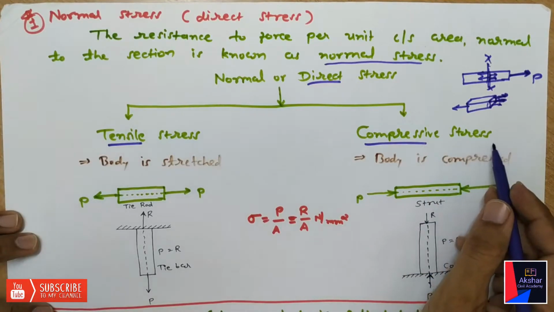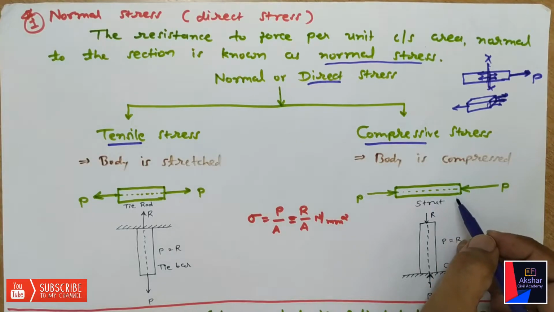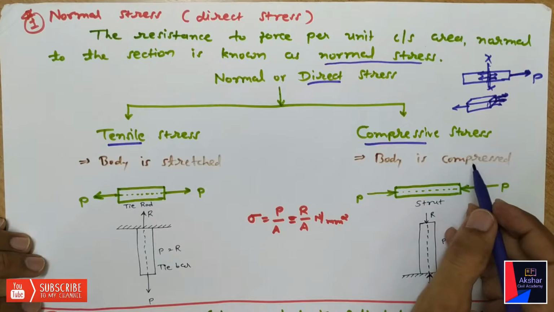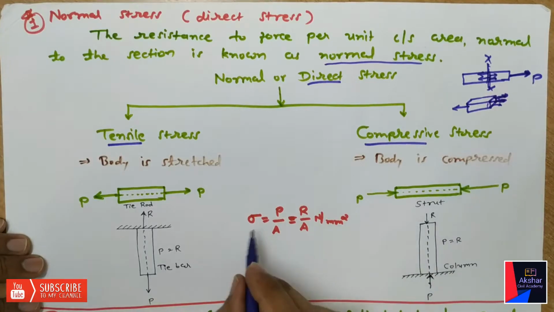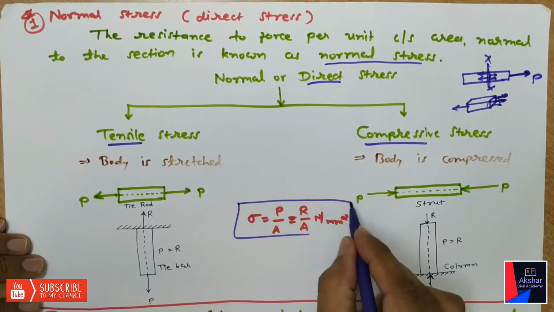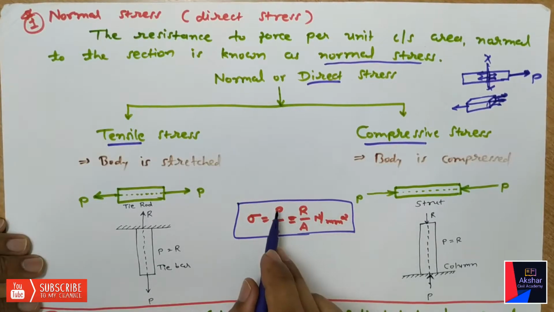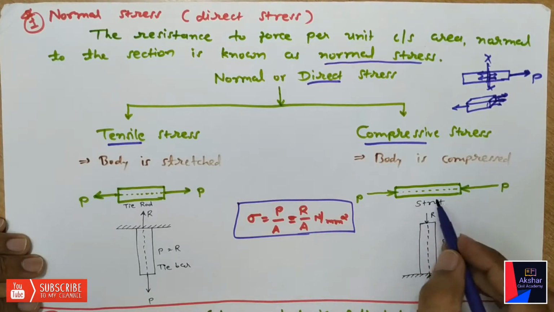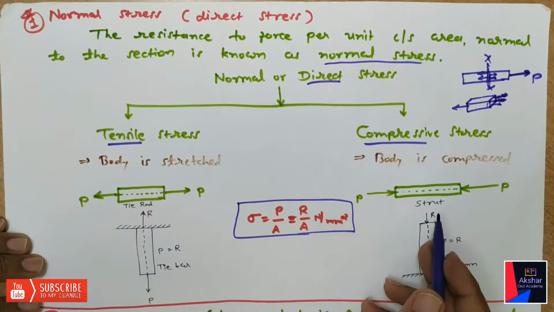Second one is compressive stress. When the body is compressed due to the force applied, the resulting stresses are compressive stress. The equation is the same for both: sigma is equal to P over A. The force applied is equal to the resistance offered by the body, so resistance over area, where area is the cross-sectional area.